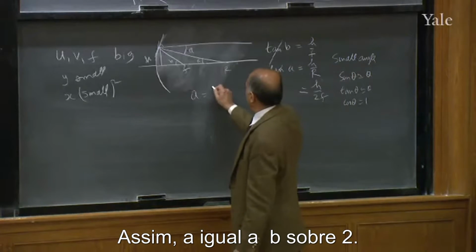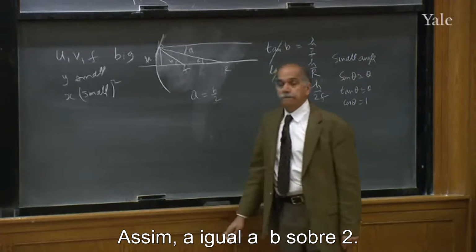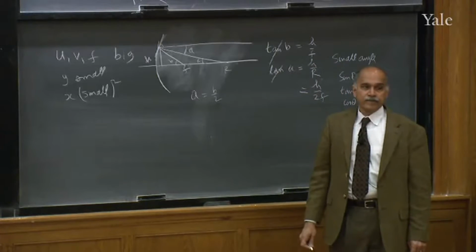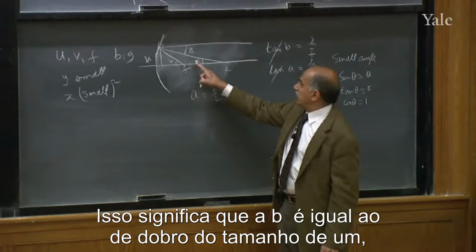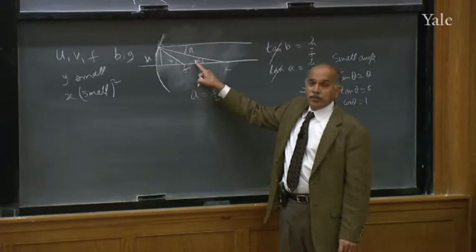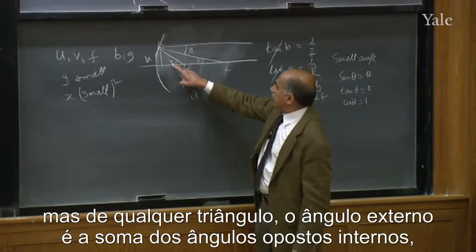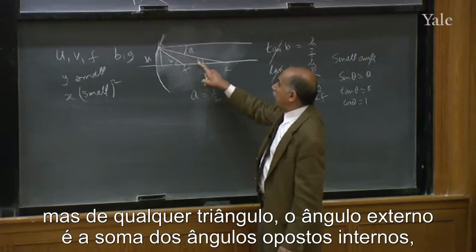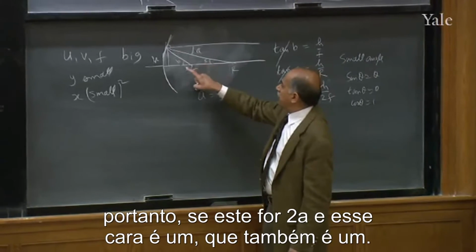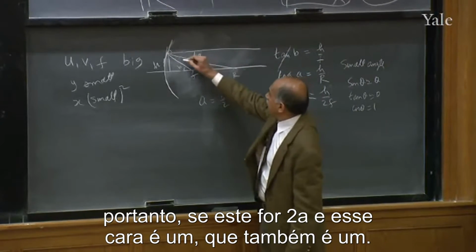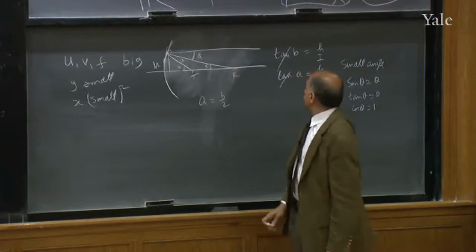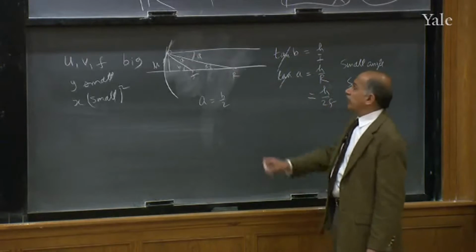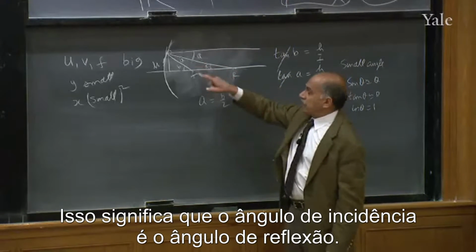So a equals b over 2. That means b is twice as big as a. But in any triangle, the external angle is the sum of the internal opposite angles. Therefore, if this is 2a and this guy is a, that's also a. That means the angle of incidence is the angle of reflection.